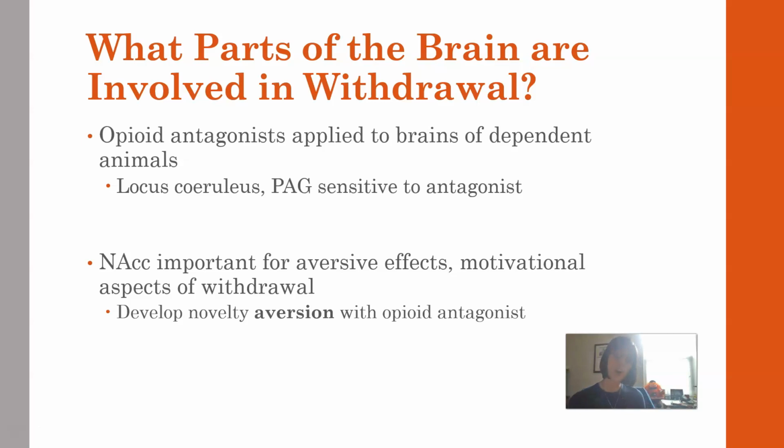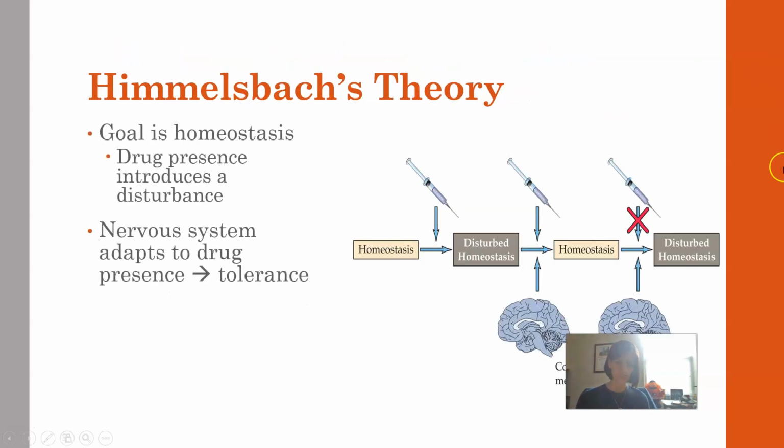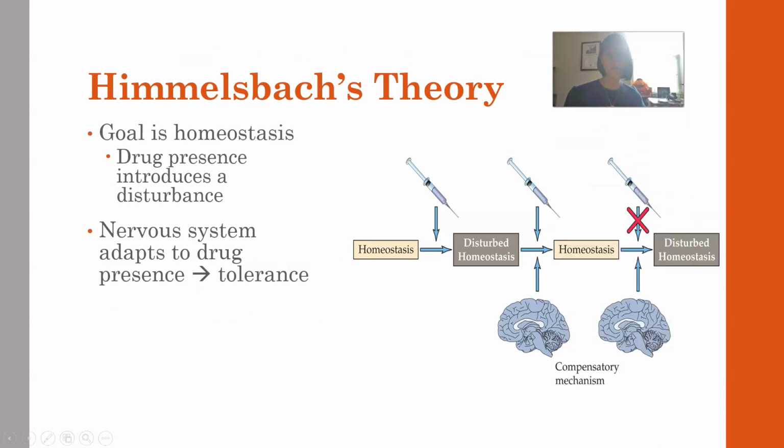If you apply an opioid antagonist to an opioid-dependent animal, we actually find that they develop a novelty aversion. They are not interested in trying new things, and so this may suggest that the nucleus accumbens not only plays a role in the reinforcing effects of a drug, but it also plays a role in the withdrawal effects that are experienced.